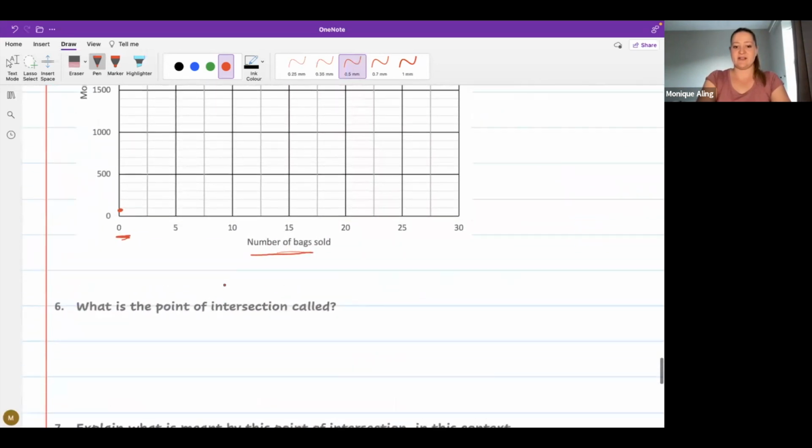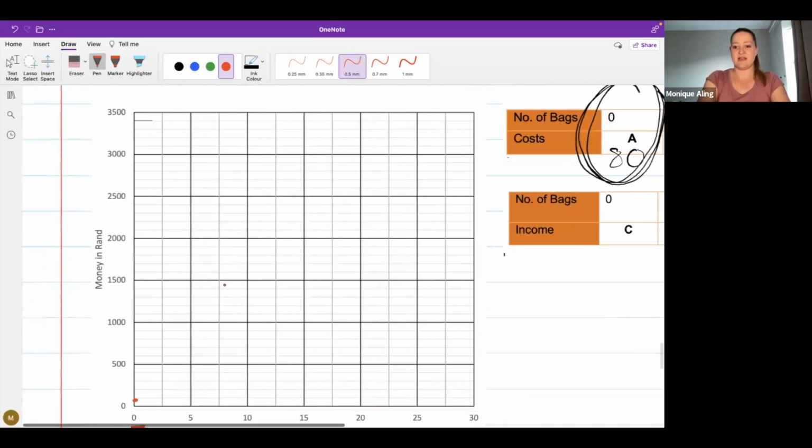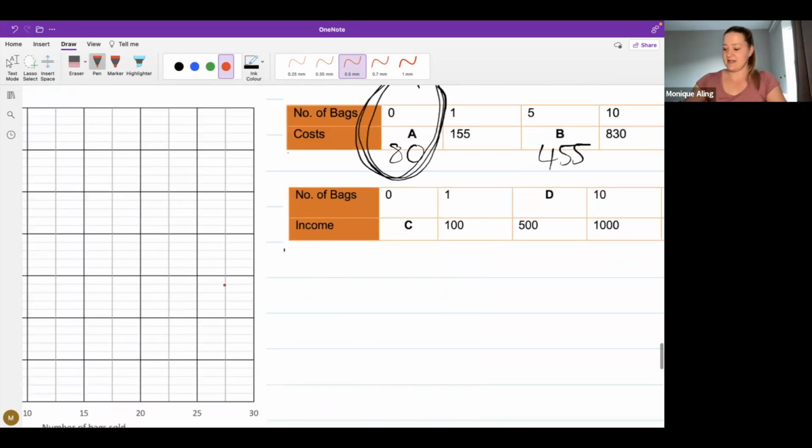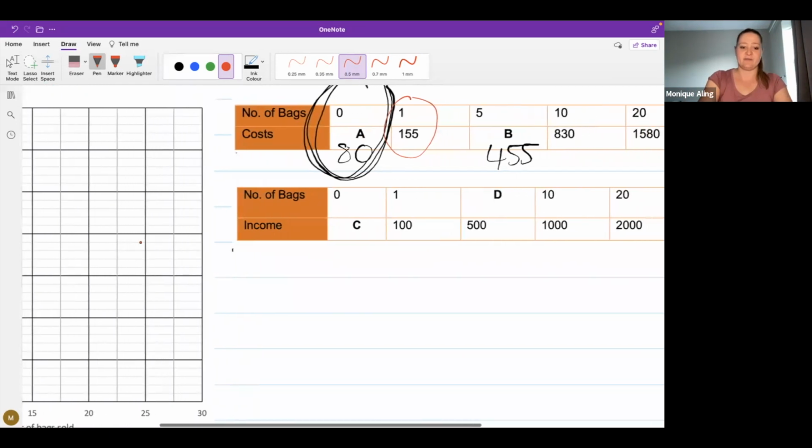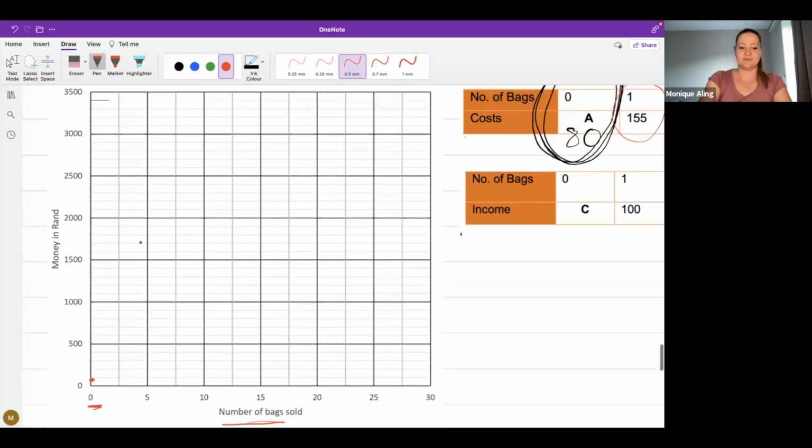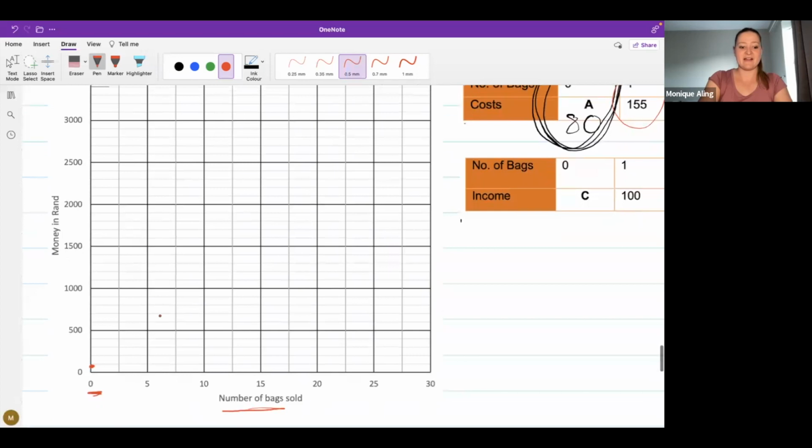Then when we go back to the table, our next point is 1 and 155. So we look for one bag.